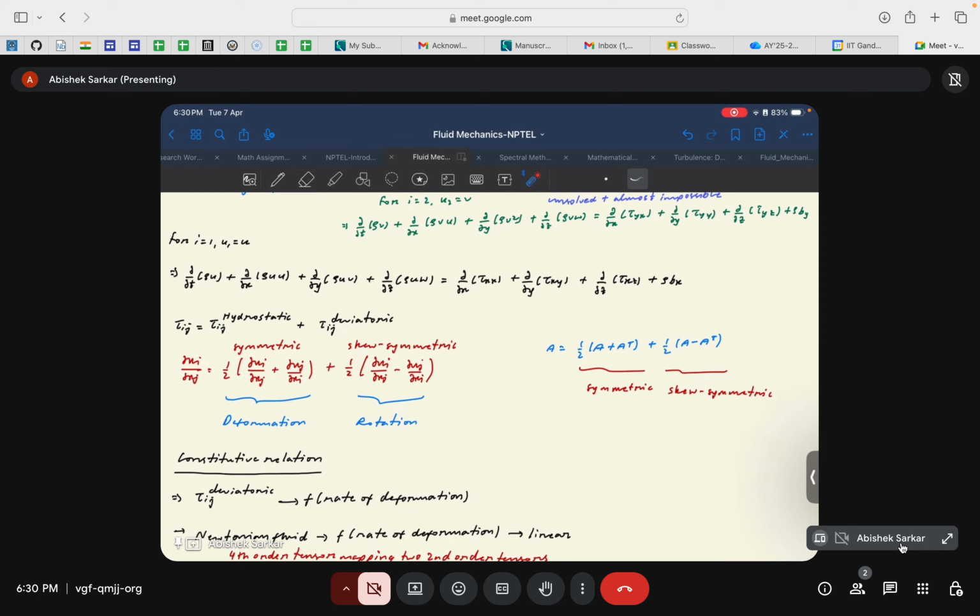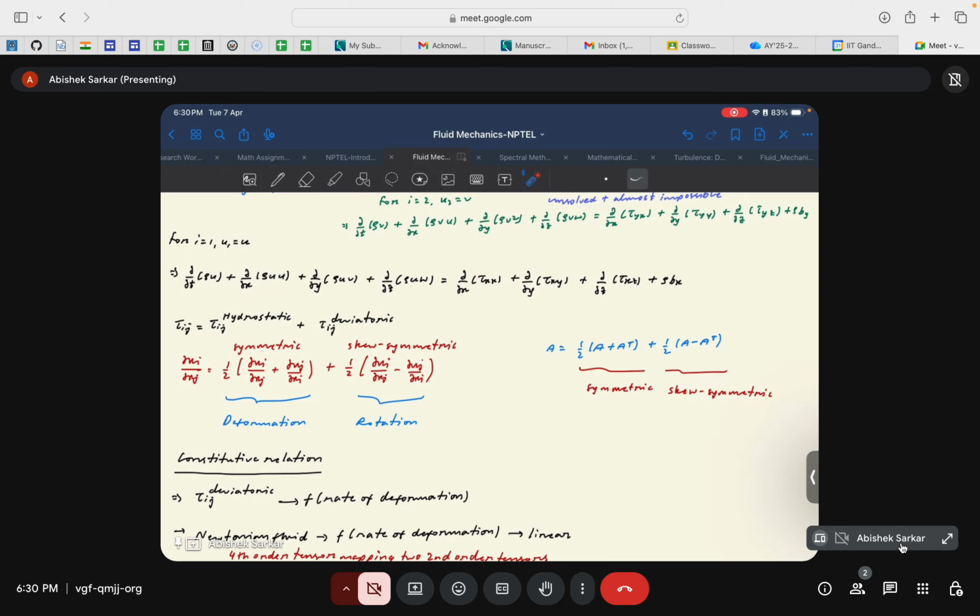The hydrostatic components are basically normal stresses, which include the pressure, and the deviatoric components are basically stress components that arise because of the relative motion of the fluid layers. So if there is a relative motion between the fluid layers, this will be your total stress tensor. And if the fluid is at rest or under rigid motion, the deviatoric stress component will be equal to 0. That's what it means.